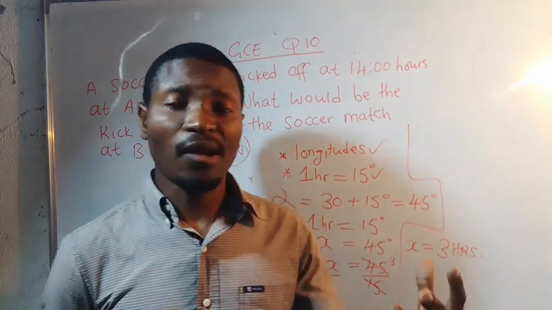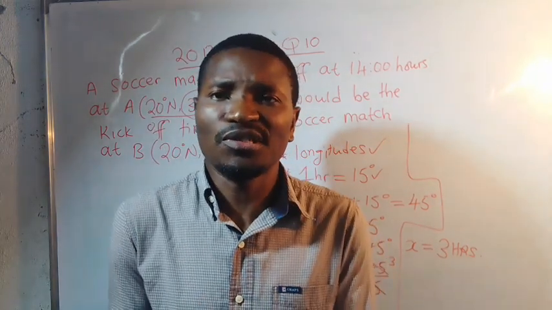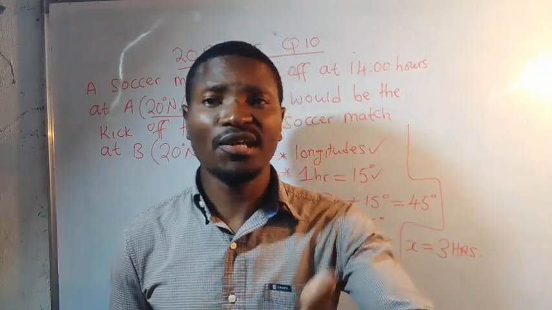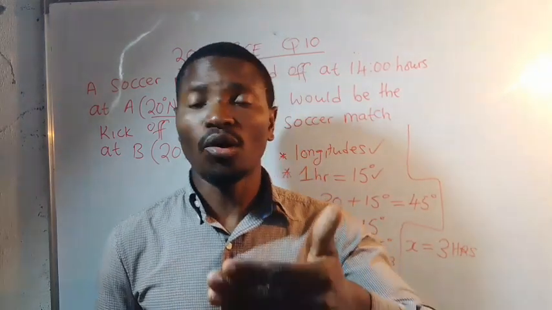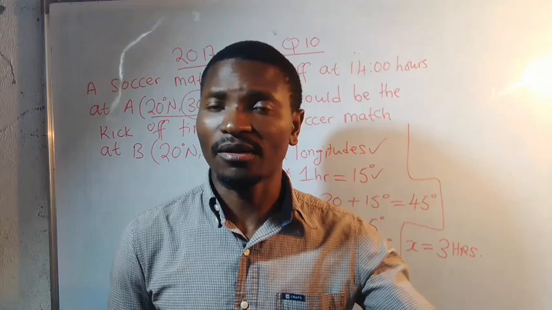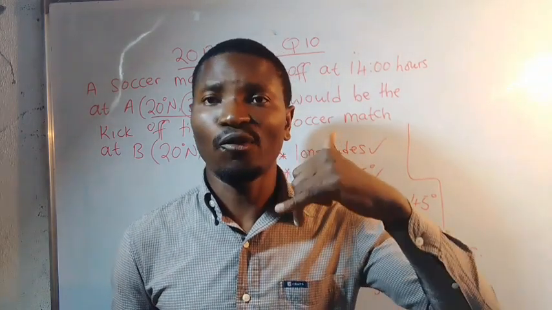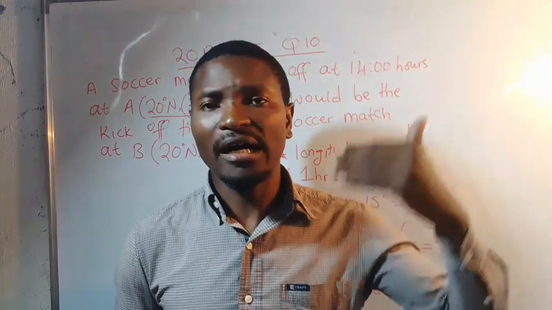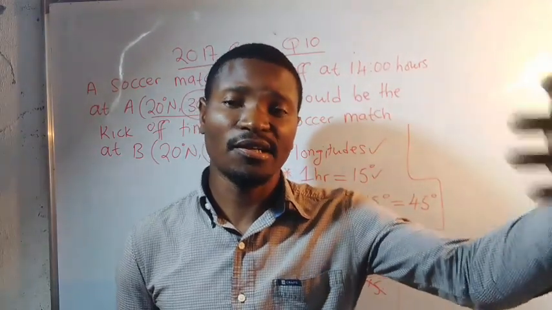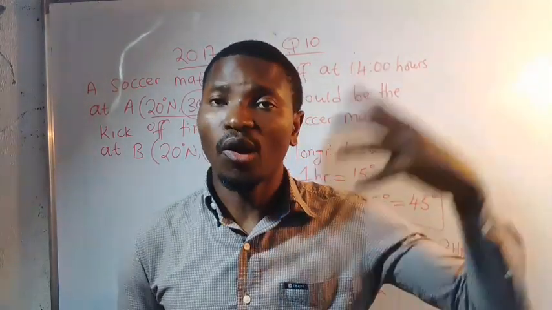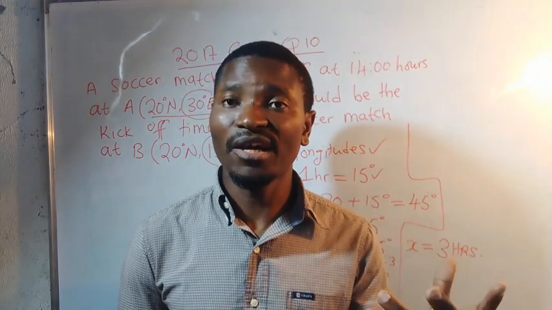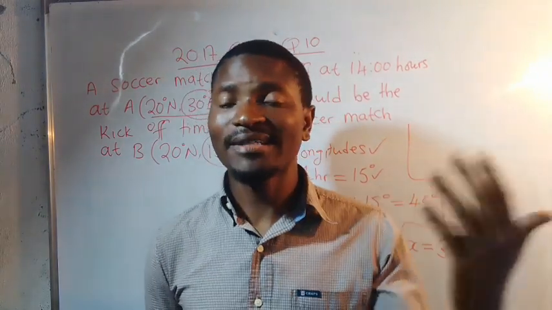Now, what I want you to understand is that when it comes to time, if you've got a friend in China, USA, France, Germany, London, Russia, and so on, and you are talking to them on phone, it means you are located on different points on the Earth's surface. So there is also a time difference.